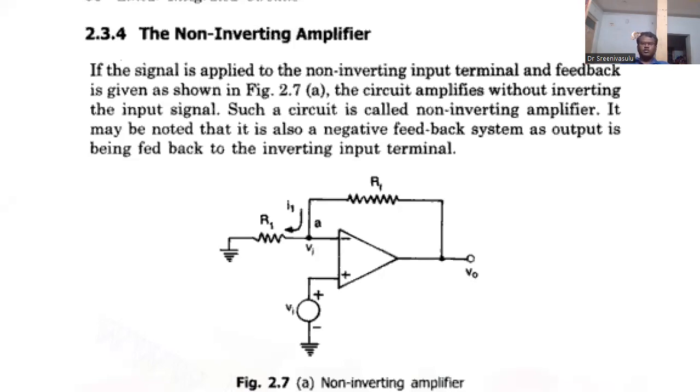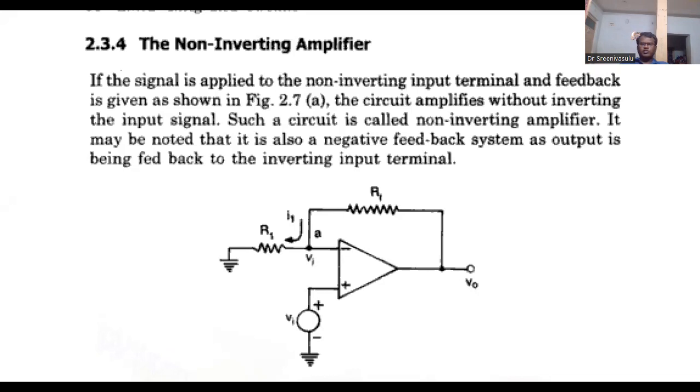Today, we are going to discuss the non-inverting amplifier. Already in the previous class, we have seen the inverting amplifier. In the inverting amplifier, we noticed that the input terminal is connected to the inverting terminal and the non-inverting terminal is connected to ground.